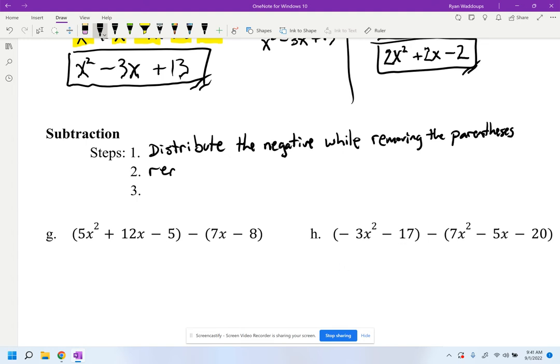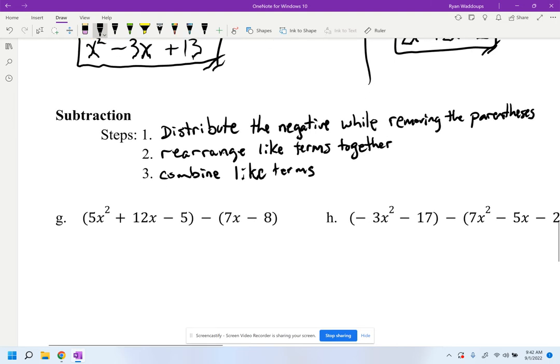Then we rearrange like terms together. So it's just like adding, except we've changed the signs. So rearrange like terms together, and combine like terms.